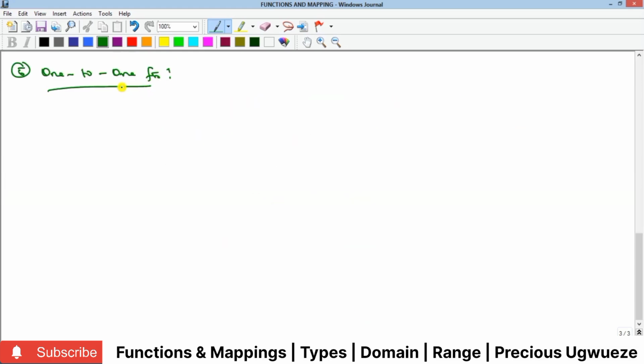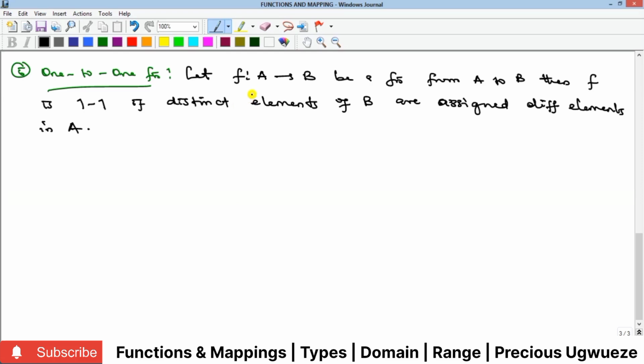So what is a one-to-one function? If we have a function f from A to B, then that f is called one-to-one. This is another way of writing one-to-one. So it's a one-to-one function if distinct elements of B are assigned distinct elements in A. So for instance, if you have this as your set A and this is set B, and I have A, B, C, 1, 2, 3.